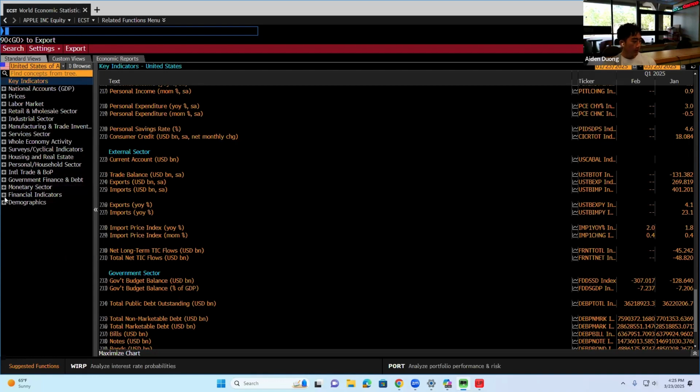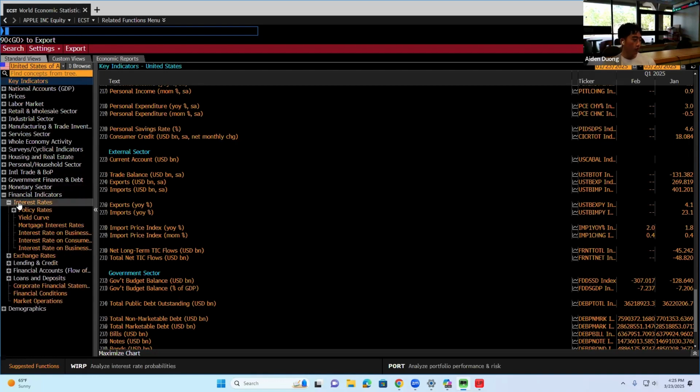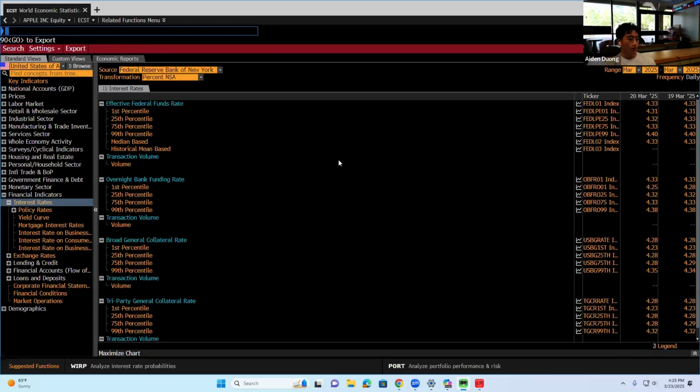We have financial indicators, interest rates. Maybe it's there. Federal, let's click on that, interest rates. Right here, effective federal funds rate. There it is, the main character. You can find pretty much everything economic related in this tool.